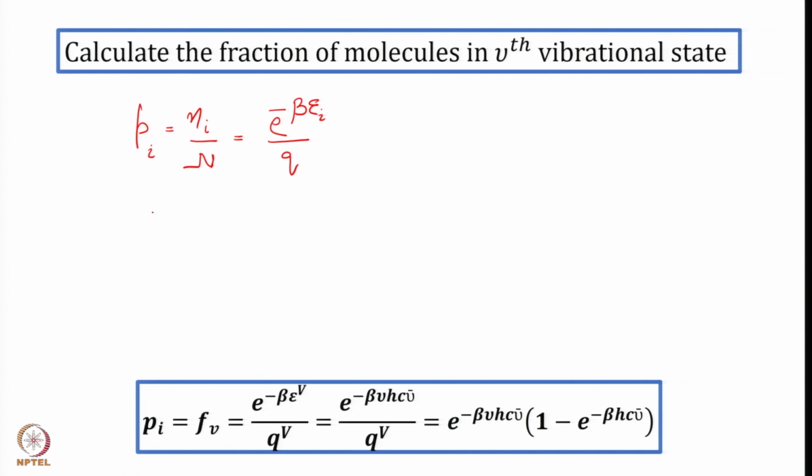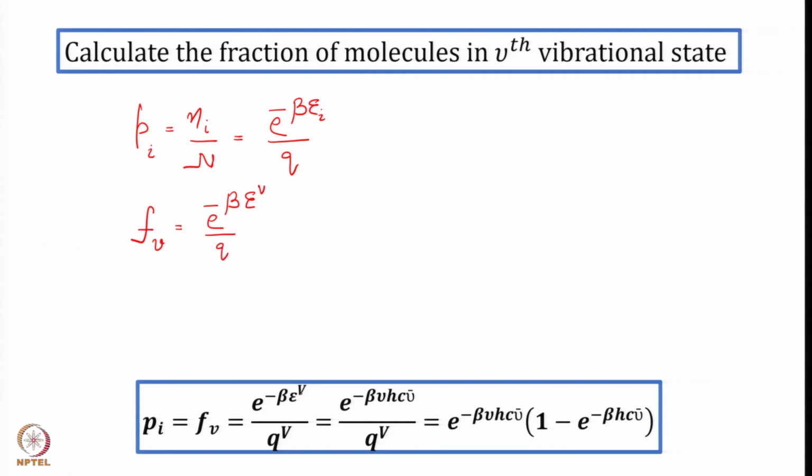Therefore, the fraction in the Vth vibrational state is exponential minus beta vibrational energy level divided by Q vibrational.